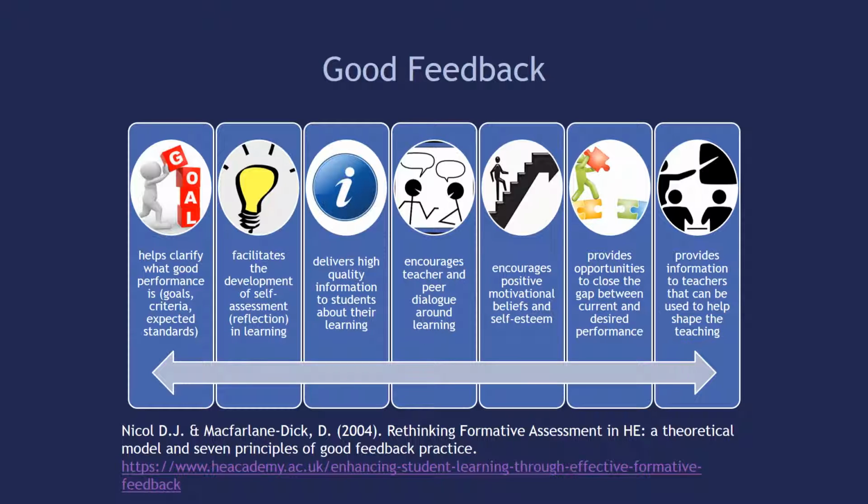I didn't like what you did there, because you don't get a sense of what was actually expected. All you know is that what you did wasn't very good. So if you can say, well, what you did wasn't very good, but here's what would have been good, that helps a student think about where they want to get to. It's not just about doing better, it's about doing something specifically different.